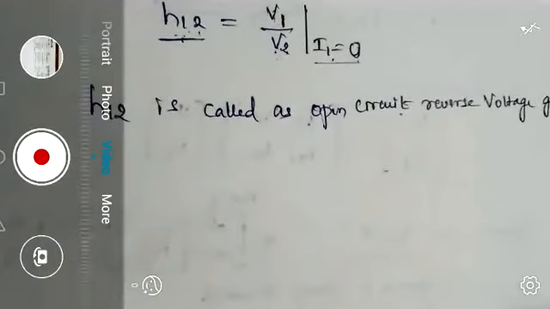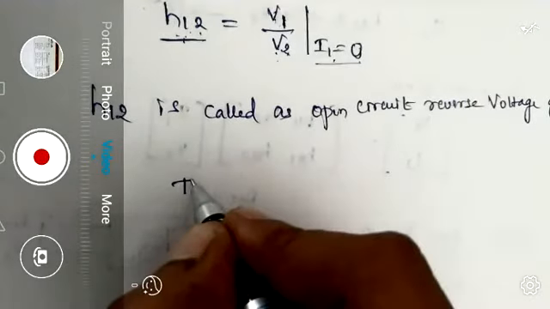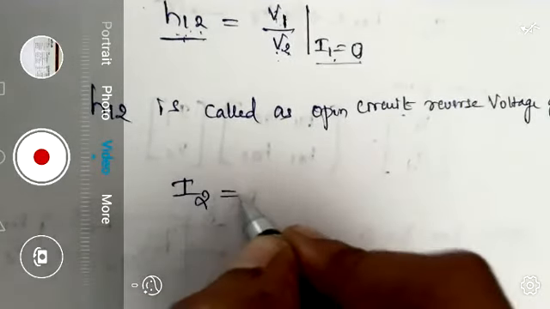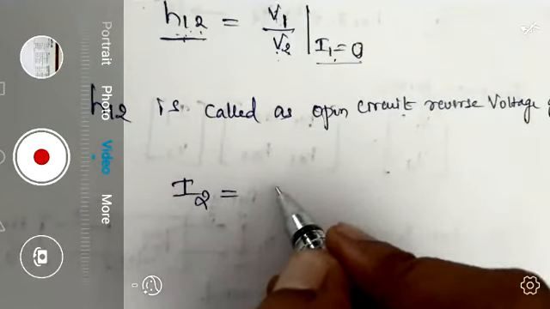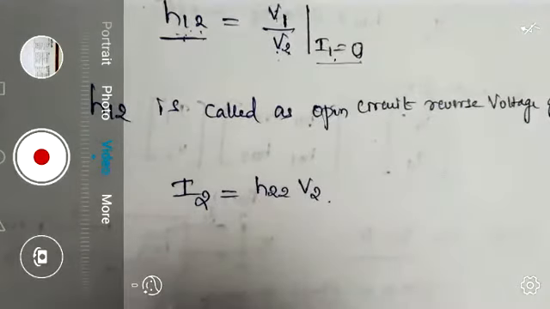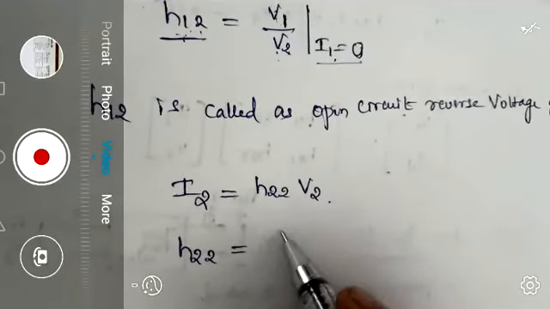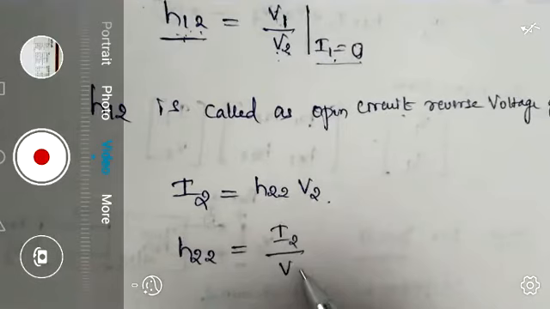Next, similarly, substitute I1 equal to 0 in equation 2, then equation 2 becomes I2 equal to H22 multiplied by V2. Hence, H22 is equal to I2 divided by V2.